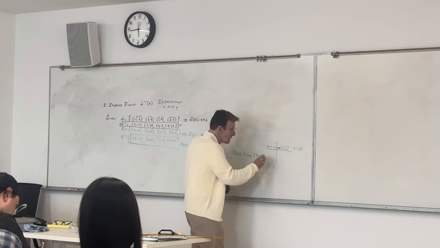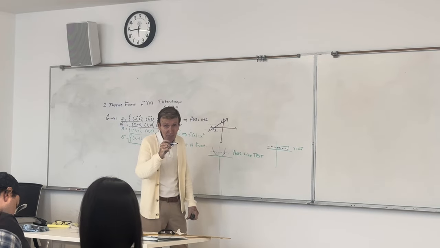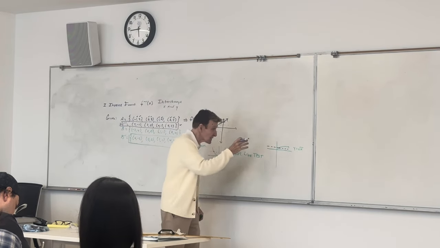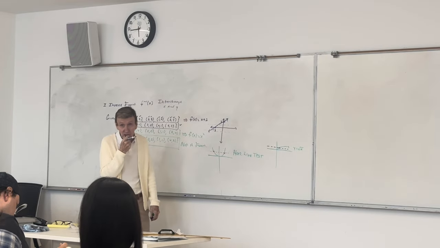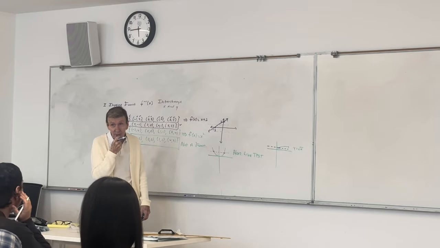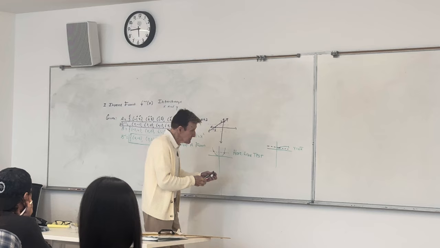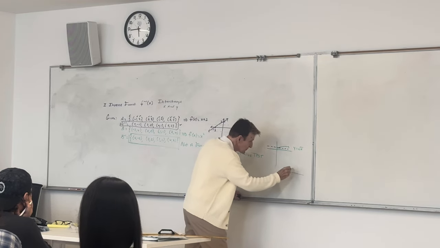One. Could I draw somewhere else and get more than one point of intersection? No. So this has an inverse. A square root has an inverse.